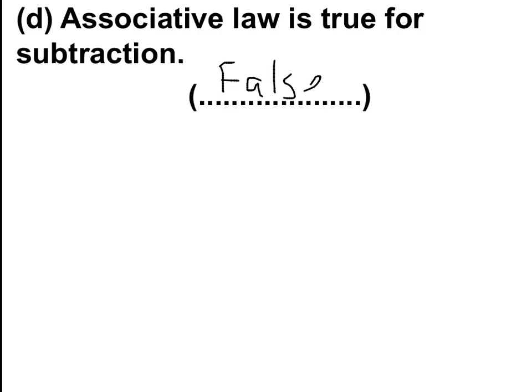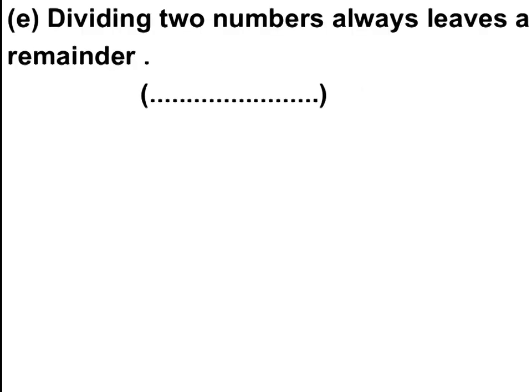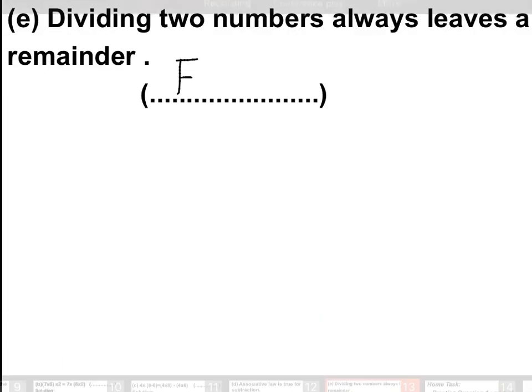Understand? Next, dividing two numbers always leaves a remainder. No, that is a false statement because sometimes a remainder comes. Okay, so the statement is false.